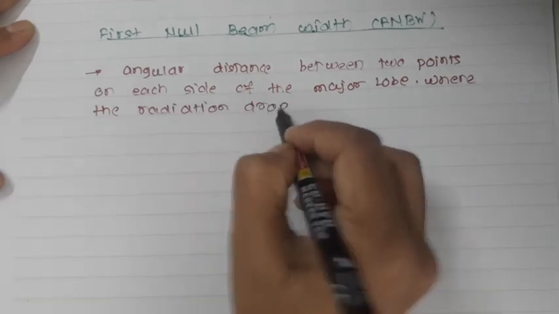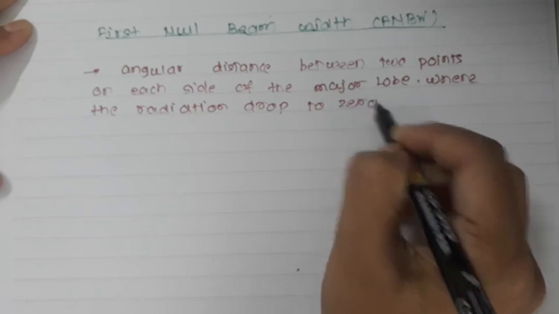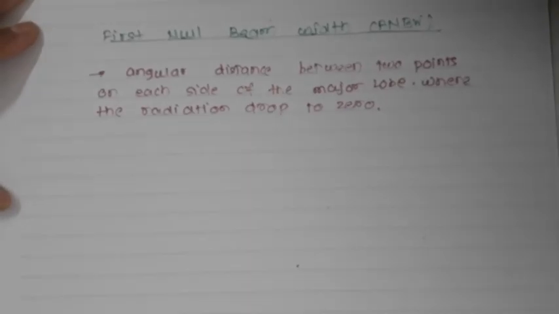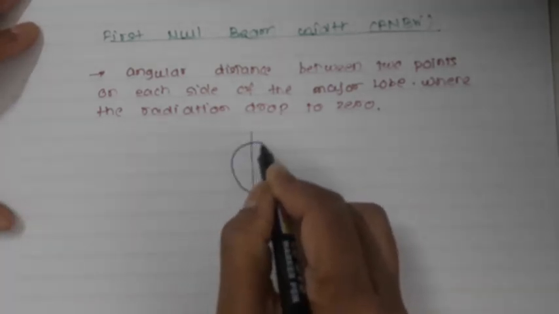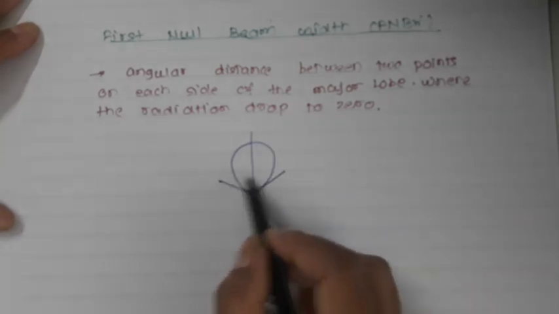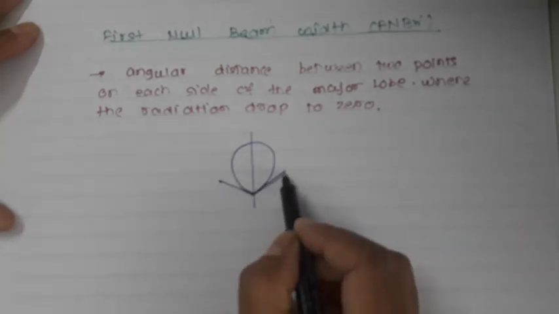When radiation drops to 0, you have received the null. That's why this is called the first null beam width. On the radiation pattern we find many null directions, but for the first null beam width we consider the null just adjacent to the major lobe. If this is your major lobe, you see the first null, and this distance is called the first null beam width.